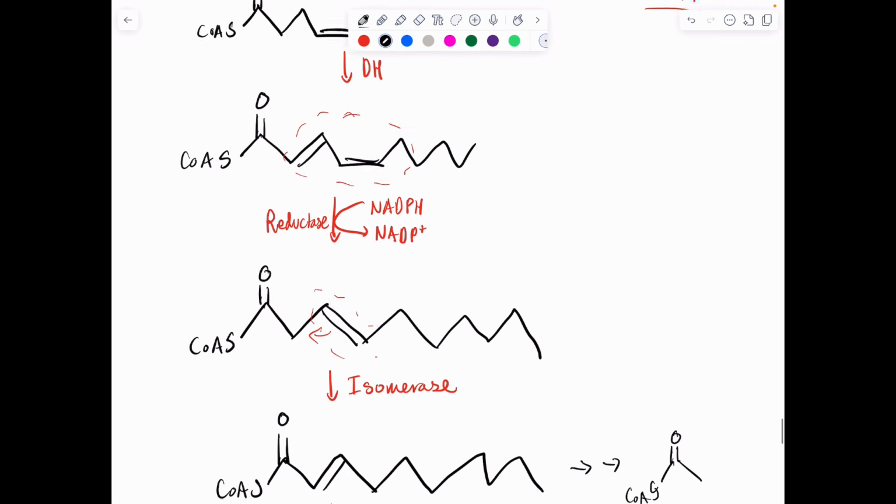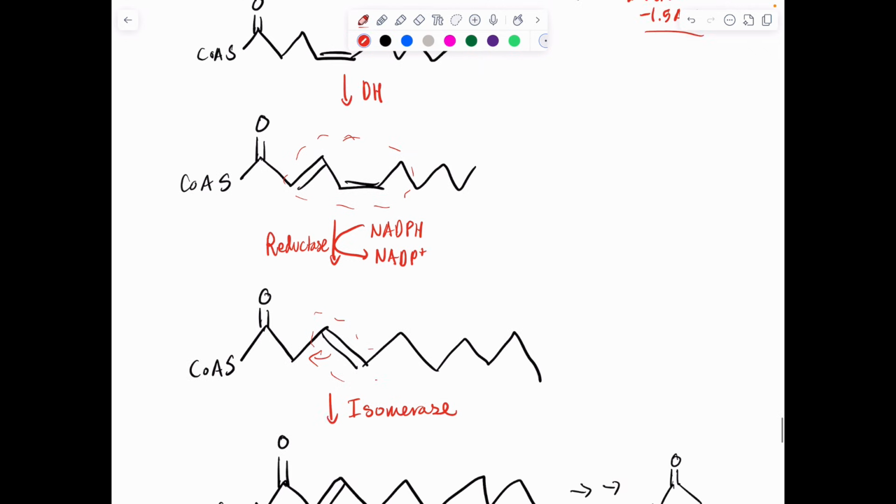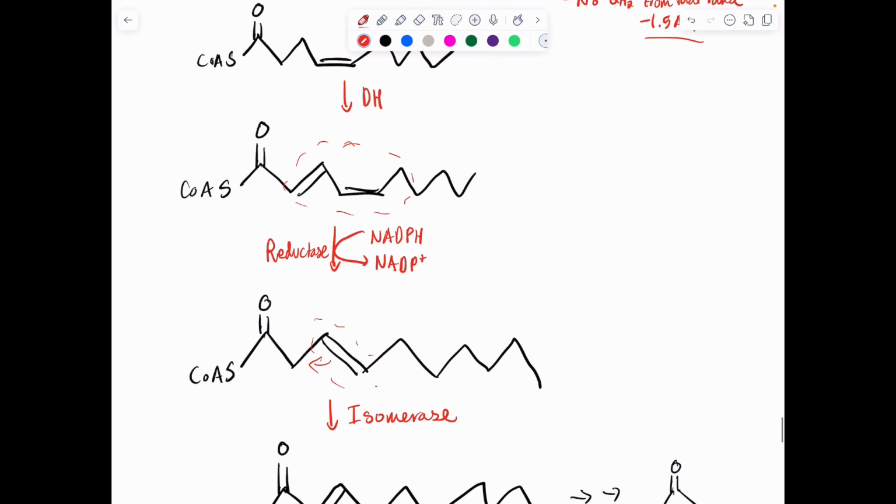All right, however, I need to talk to you about the reductase step right here that converted this weird trans and cis double bond together into just one trans double bond.